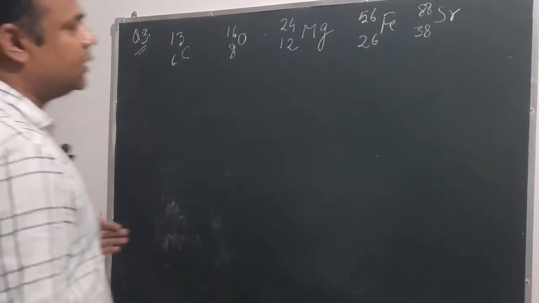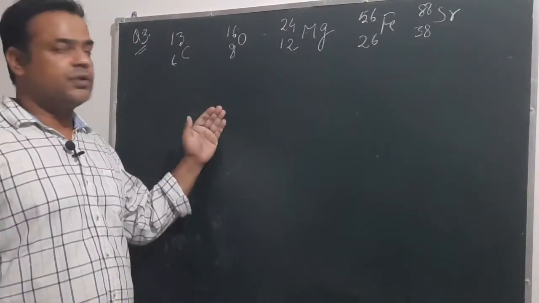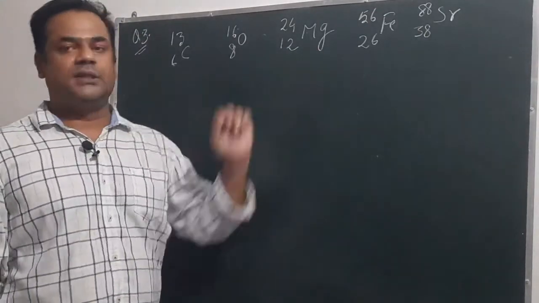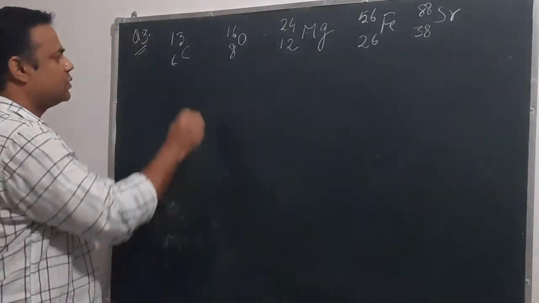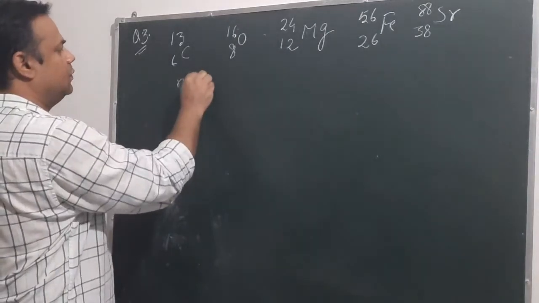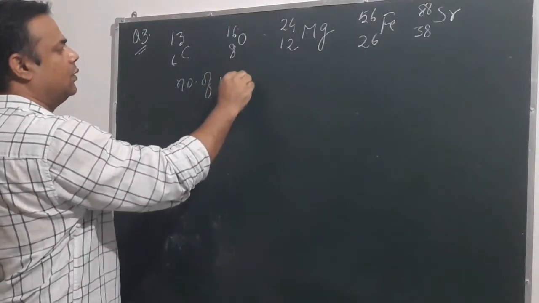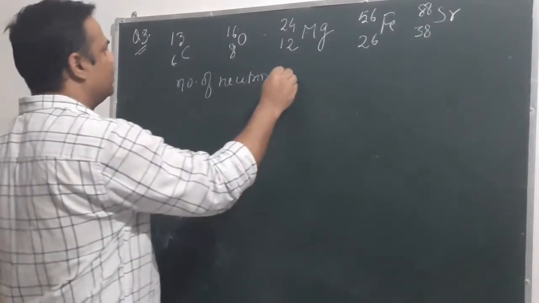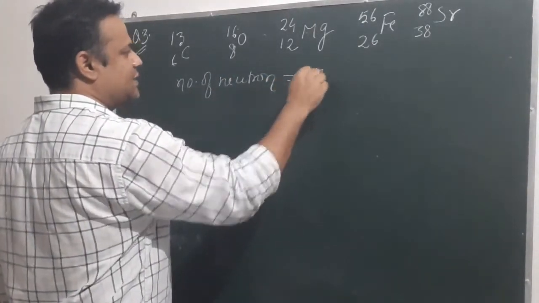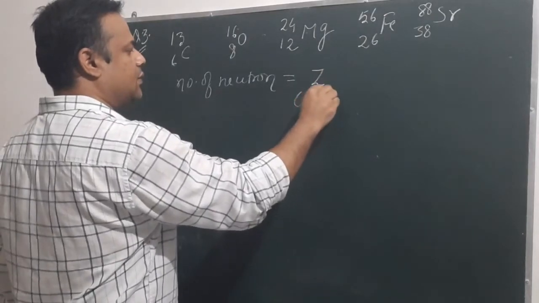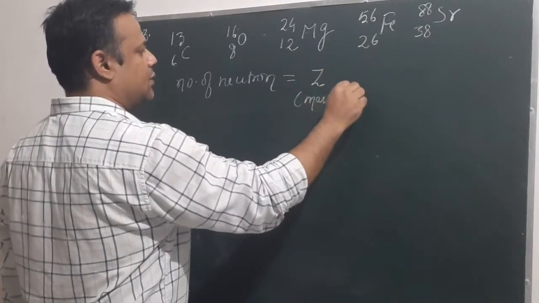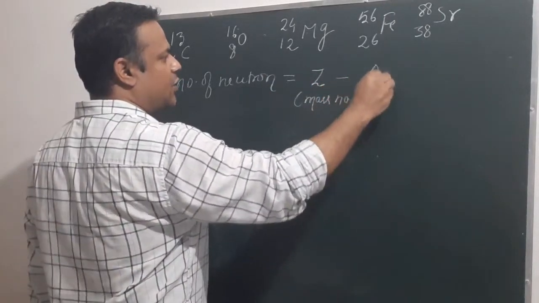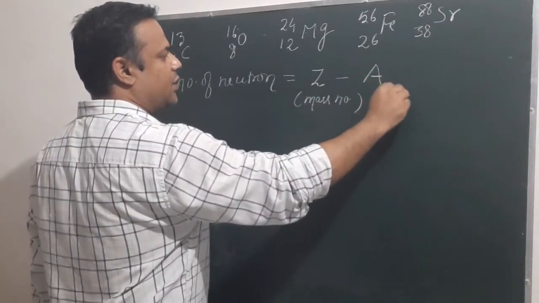This is question number 3. In this question we have to calculate number of neutrons in all these elements. Number of neutrons equals to mass number minus number of protons, that is atomic number.